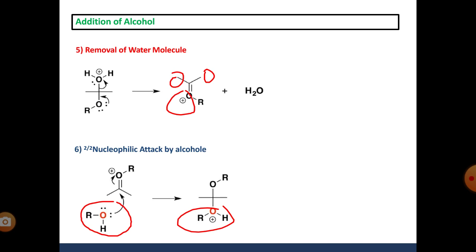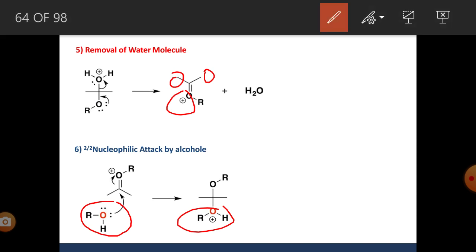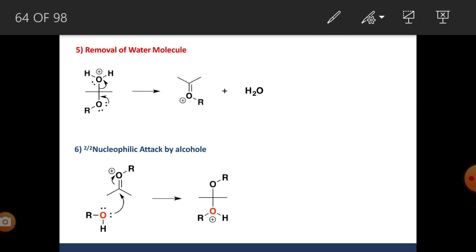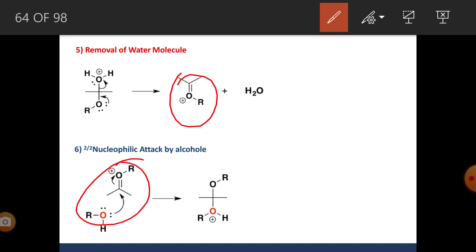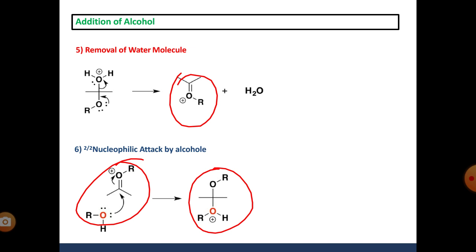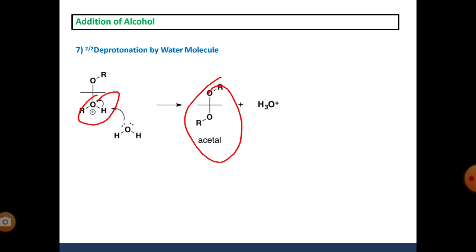That good leaving group gets lost as a water molecule and this structure converts into this intermediate where oxygen is again electron deficient. It again accepts a second molecule of alcohol and converts into this. Finally deprotonation is there and acetal will form.